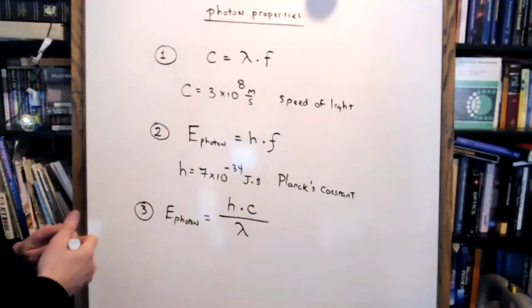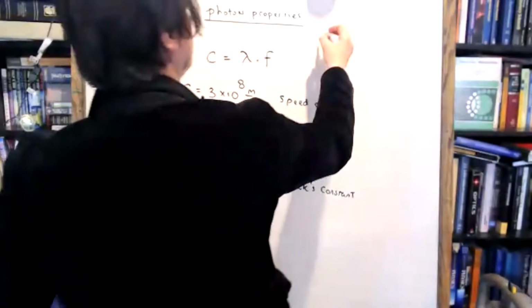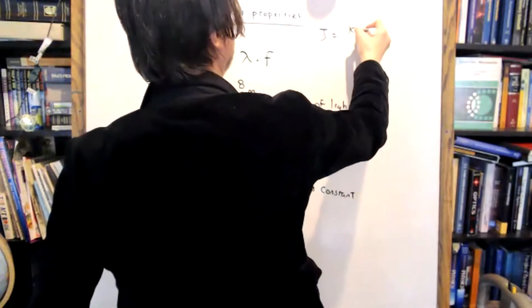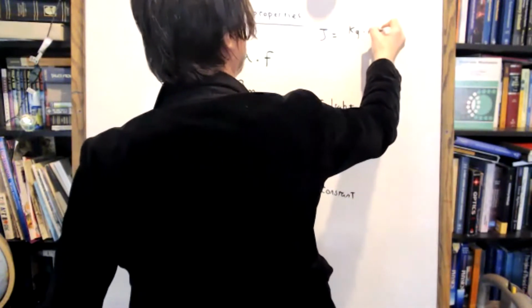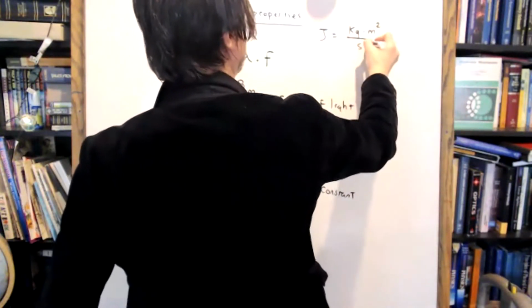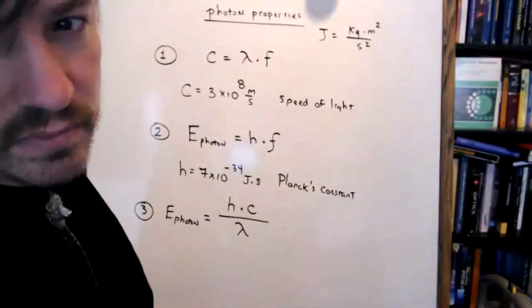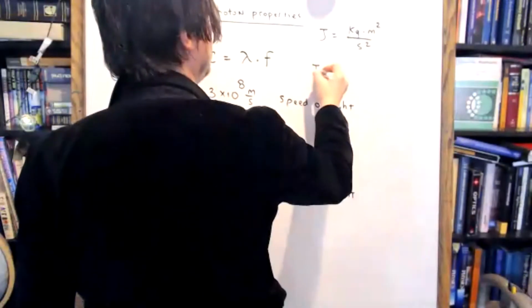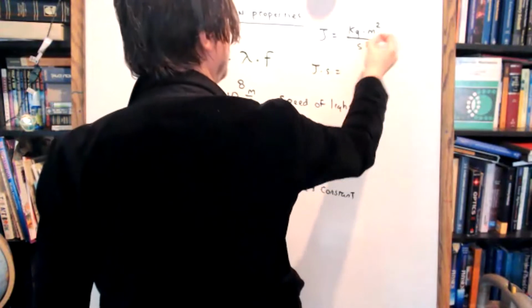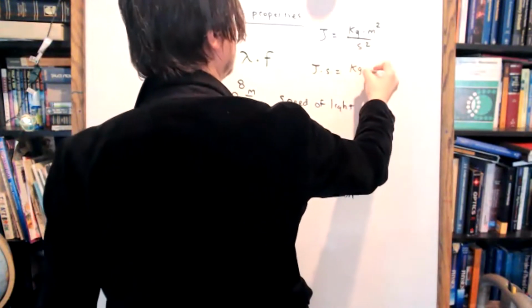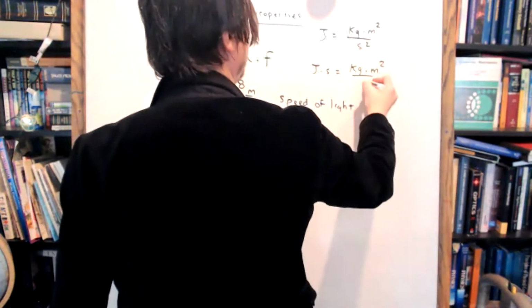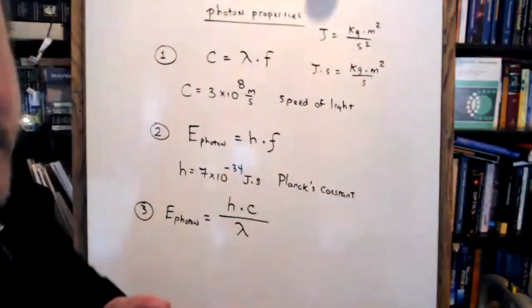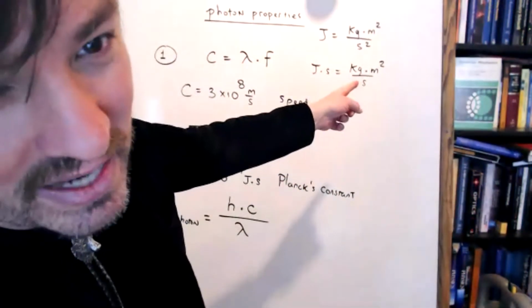If you really want to go there, Nori, remember that a joule is a kilogram meter squared per second squared. That means that a joule times a second, if you multiply this by a second, is a kilogram meter squared per second. Believe it or not, that has the units of angular momentum.